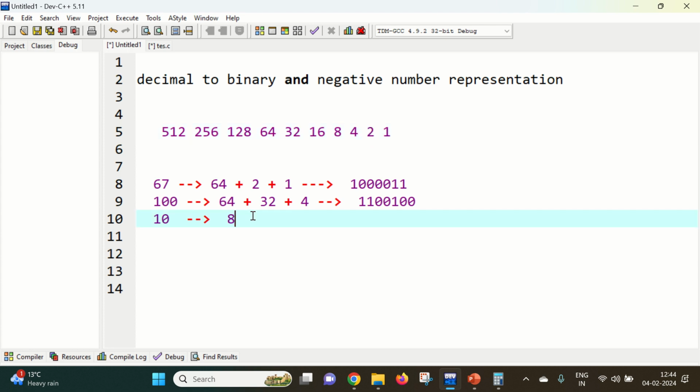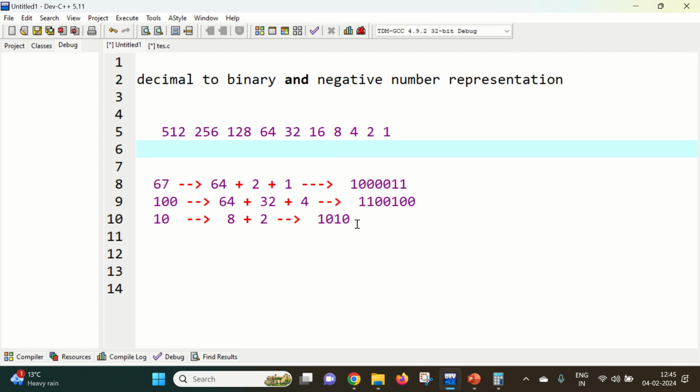If you convert that into the binary, this 8 becomes 1, then this 0, then this 1, and again 0. So when you convert 10 to the binary, it is 1010. This is the number. So we can represent any number.